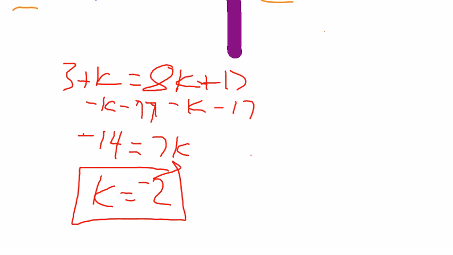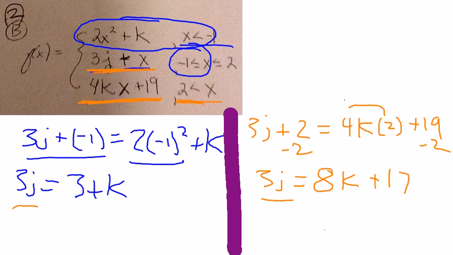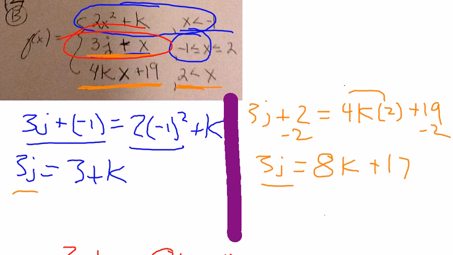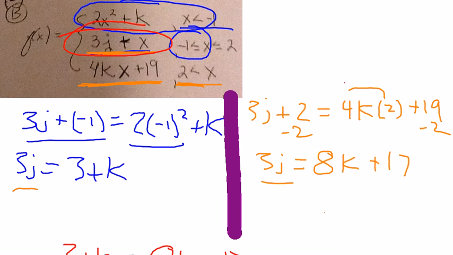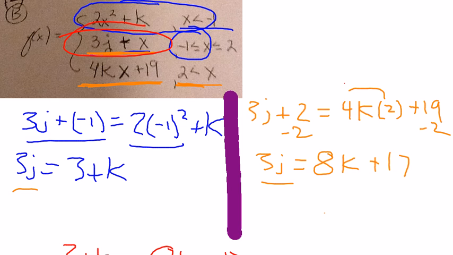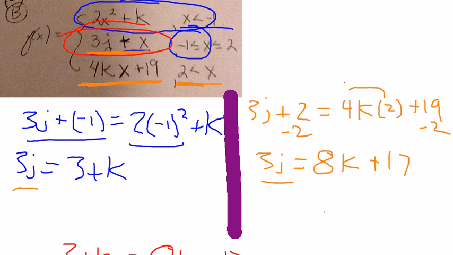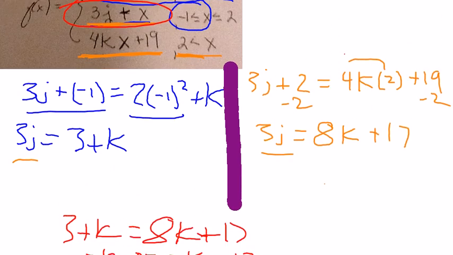Cool. Not quite done though, because now I have to go back through and figure out what j is. So again, I'm going to need to use one of my two equations here to figure out what j is going to be. So it kind of stinks, I have to scroll. But my first equation, I can substitute that k value of -2 in for it.